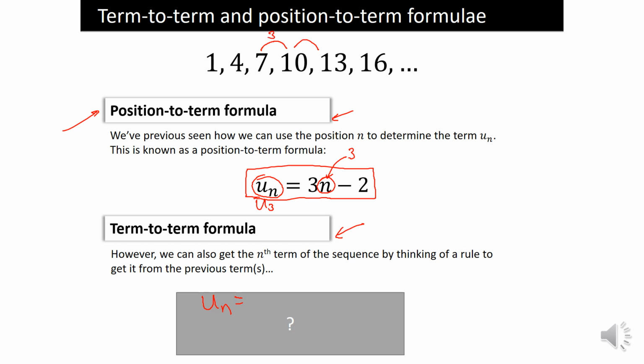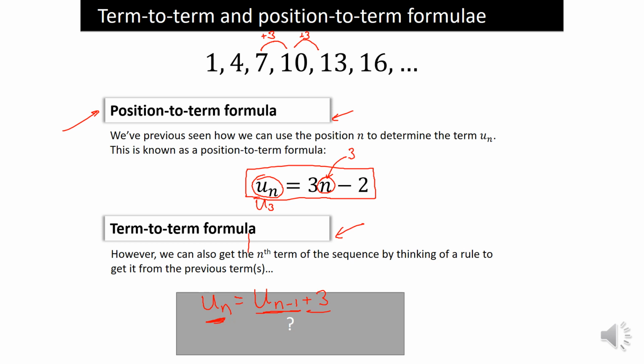Each time we're adding 3. So notation-wise we say un equals un minus 1, the term before the nth term, plus 3. For any term in the sequence, you take the previous one and add 3.